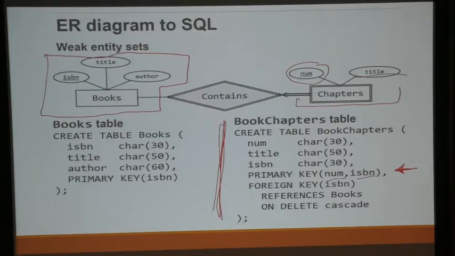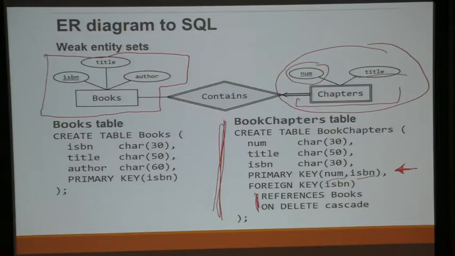The other thing that is important is on-delete cascade. What does it mean? On-delete cascade ensures that this chapter cannot exist independently. If you remove the book, you will remove all its chapters.